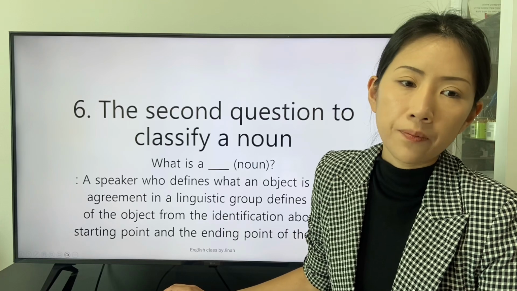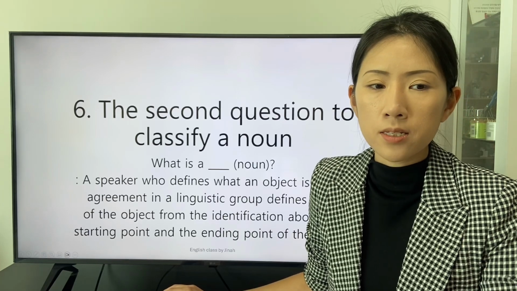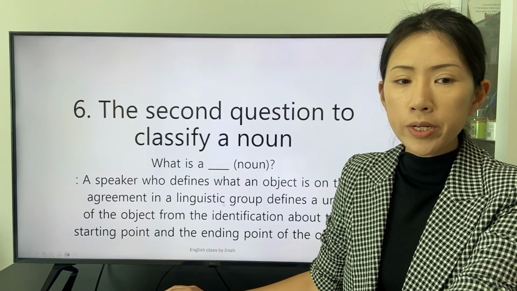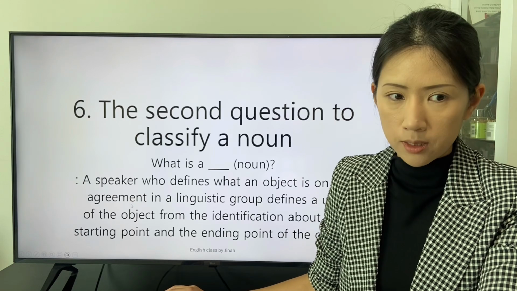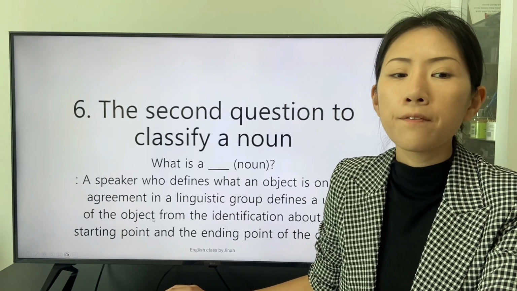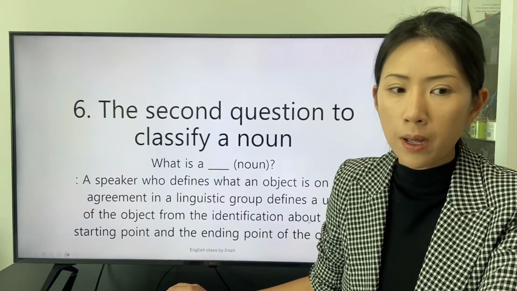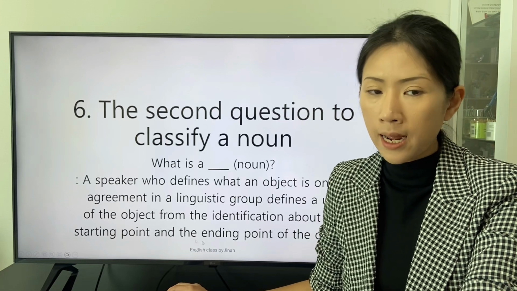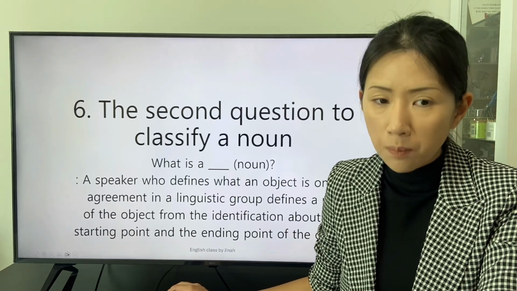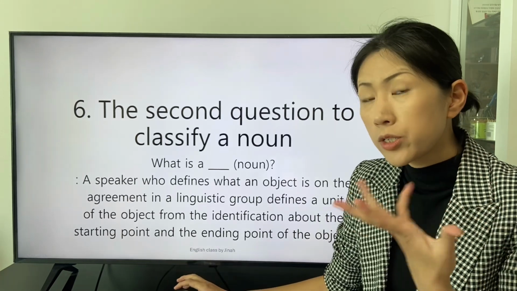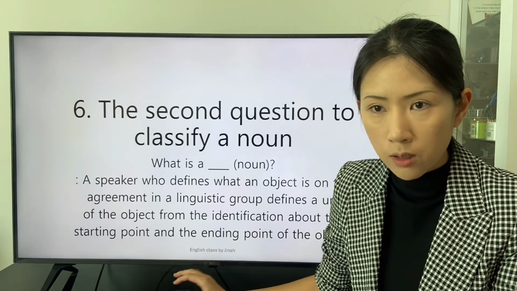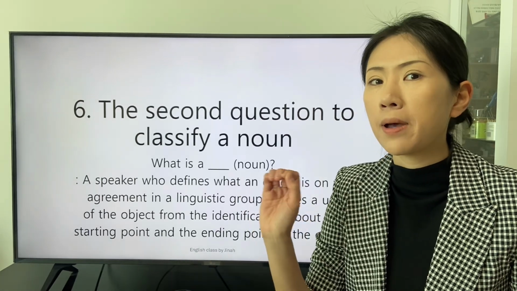A speaker who defines what an object is on the agreement in a linguistic group defines a unit of the object from the identification of the starting point and the ending point of the object. The second question is about the unit of the object indicated by the noun.